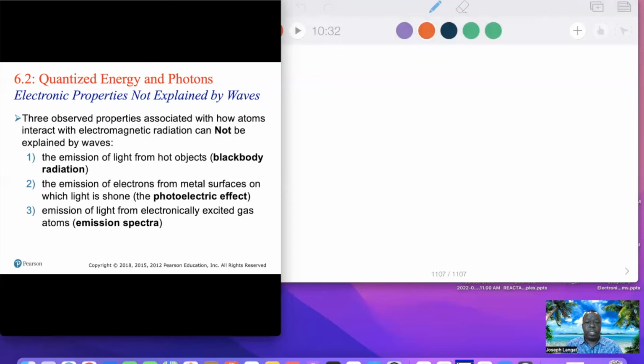The photoelectric effect, which we are going to explain, the wave nature does not explain. And then the emission spectrum, spectra for many, spectrum for one. So these are electronic properties not explained by the wave nature. These were the observed properties at that time, associated with how atoms interact with electromagnetic radiation.